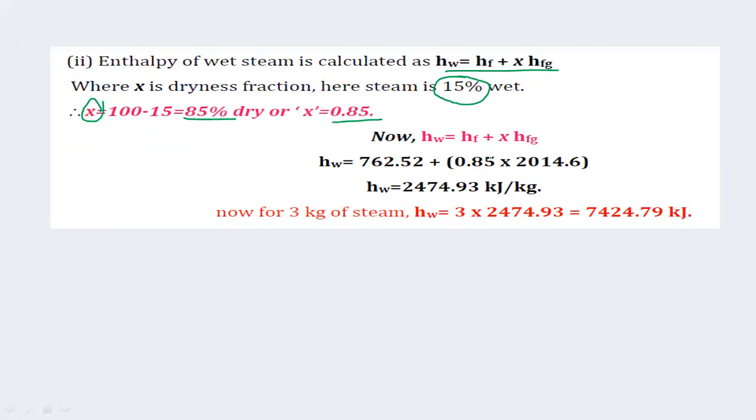So we substitute the value of 0.85 in this equation and we get the value HW is equal to 2474.93 kilojoules for how much? For 1 kg we are getting this one. We need it for 3 kg. So for 3 kg, we multiply this one, you will get the total answer. This is the value for 3 kg.